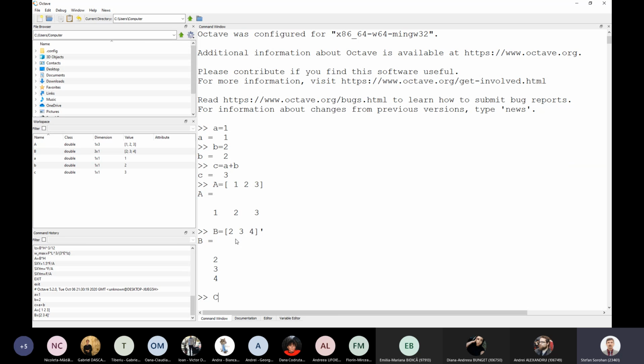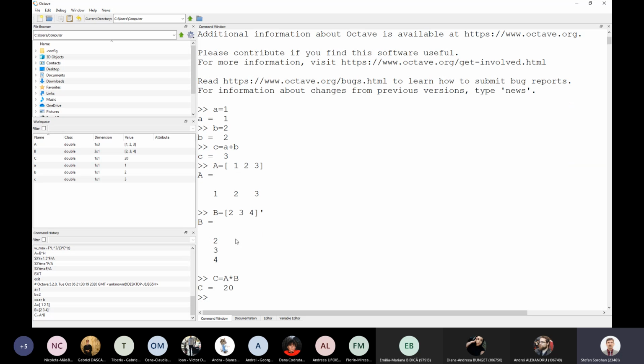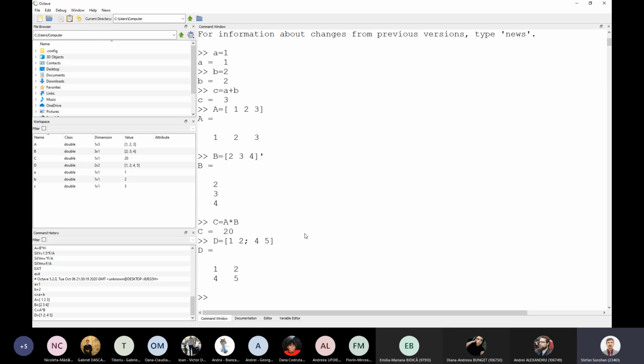We can make vector multiplication, let's say A times B, and we will obtain a number, because the number of lines is 1, the number of columns is 3. Here the number of lines is 3, the number of columns is 1. So if you define, let's say, a matrix, let's say 1, 2, semicolon, 4, 5, you can obtain, let's say, the determinant of this matrix.